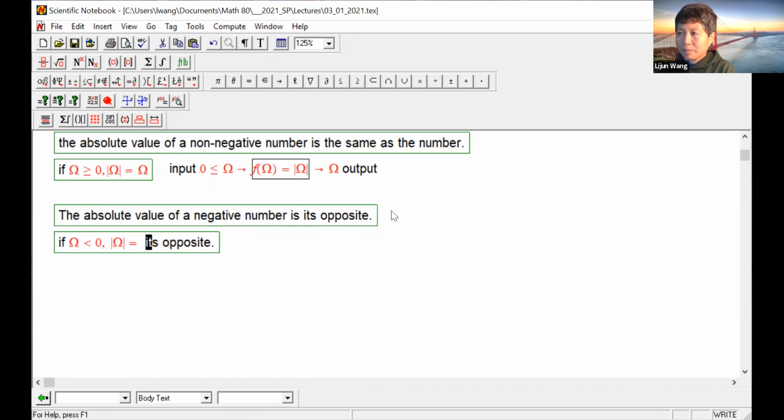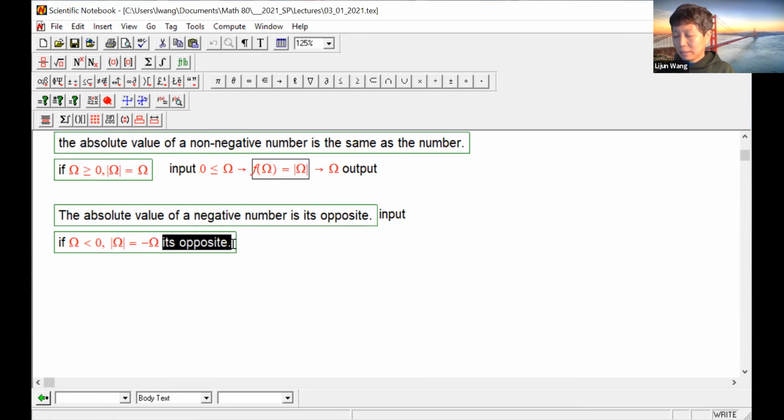So the input is omega, and the output is its opposite. How do you express the opposite of omega? You just put a negative sign in front of it.